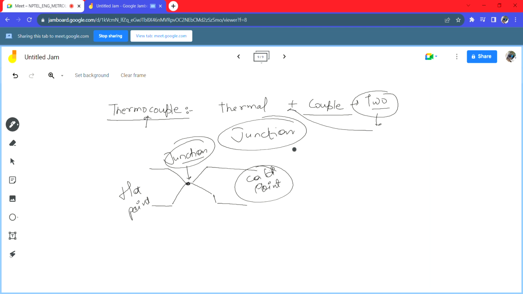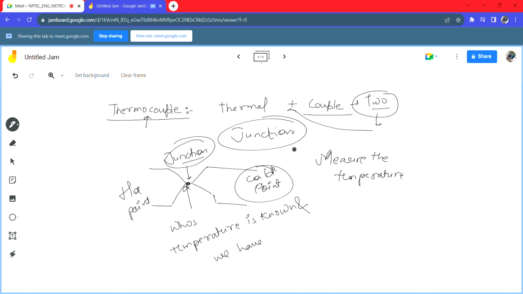And what we are eventually trying to do here is, again, we have to measure the temperature of a specific point. Measuring the temperature is our only aim. So we have a point whose temperature is known, and at the same time we have a point whose temperature is to be measured.